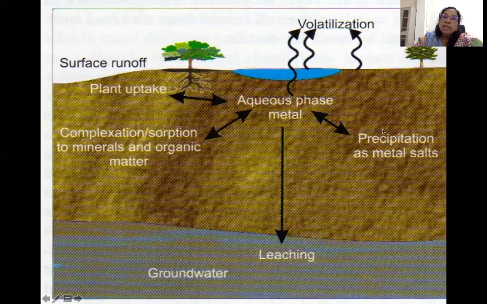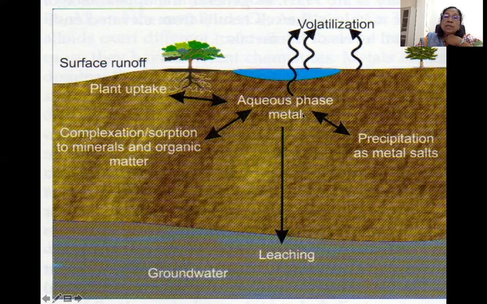And sometimes they can be precipitated as metal salts. When they are precipitated, they are in the non-bioavailable form. And these aqueous phase metals also can form complexes, or they can be sorbed to minerals and also organic matter, and thus they can become non-bioavailable.